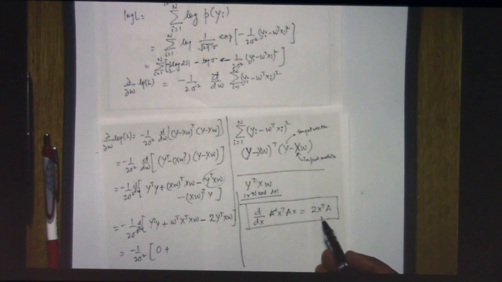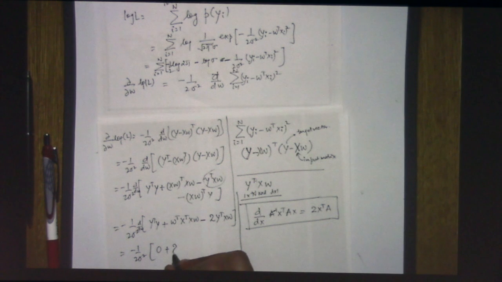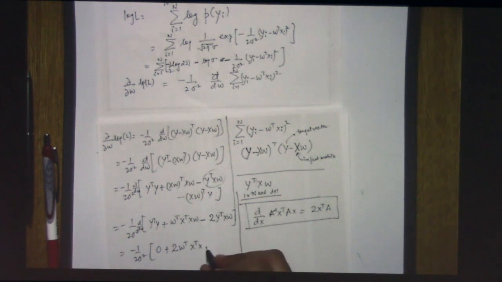So I'm going to use that result here. This becomes 2 times w transpose XTX, where A is XTX, minus 2 y transpose X, because the w is just outside.